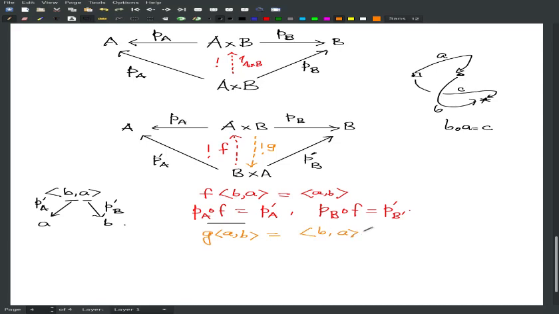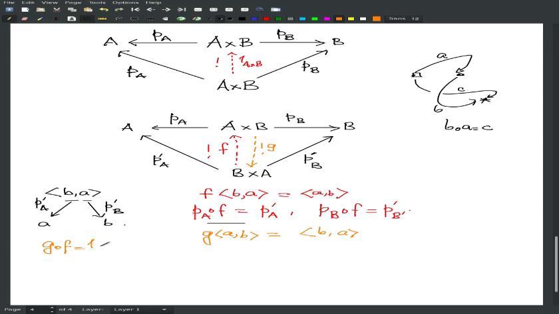Now see, if you give me these formulas, I can see G composed F. So I start with BA, go to AB, and then I come back to BA.